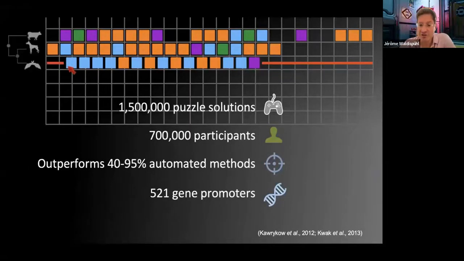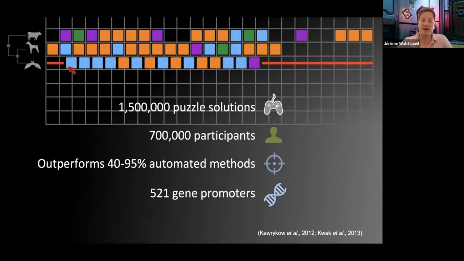So Philo was launched in 2010. It was a successful project in many aspects. We had many papers in Radio Canada, Wired, Le Monde. And we estimate a bit more than 1 million, nearly 2 million puzzle solutions collected, and around 700,000 participants in the game over a period of 10 years.